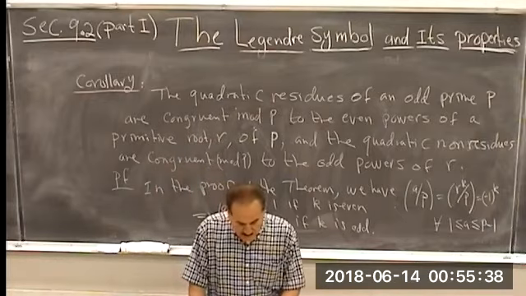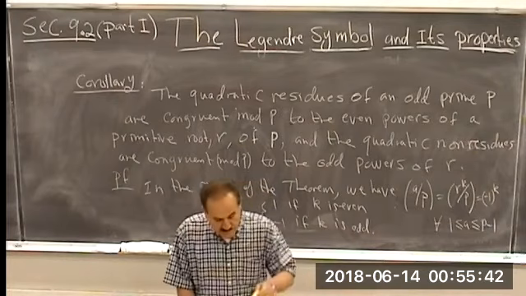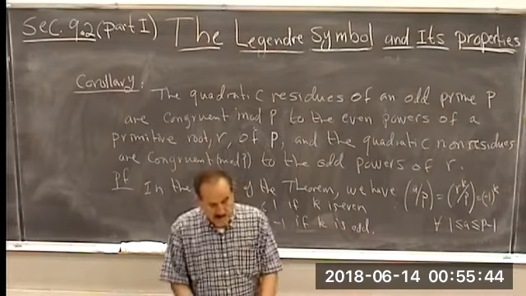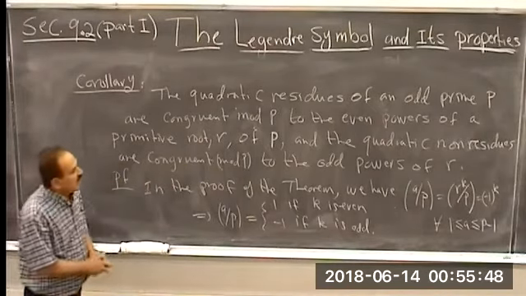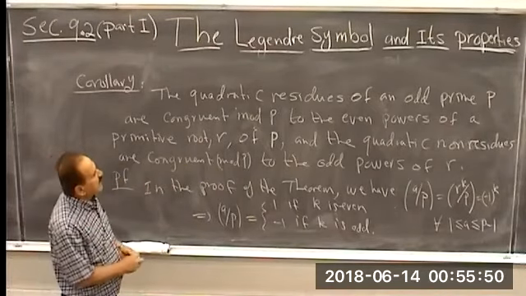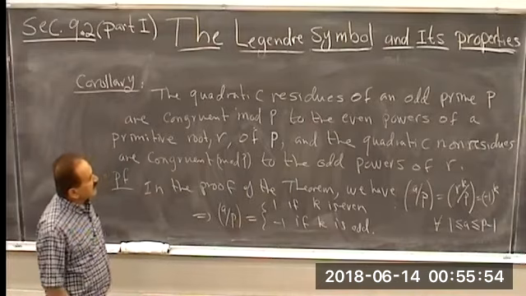I'm going to actually stop right here. As I said, the next lecture is going to be very, very important because we're going to give two versions of Gauss's lemma that will be practical tools for evaluating the Legendre symbol.